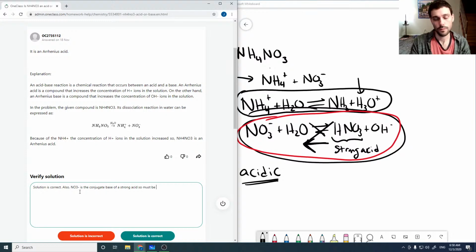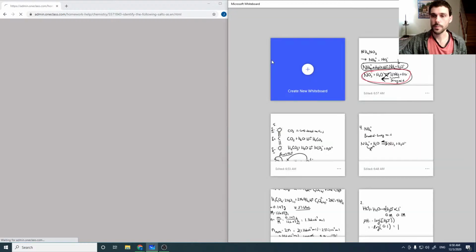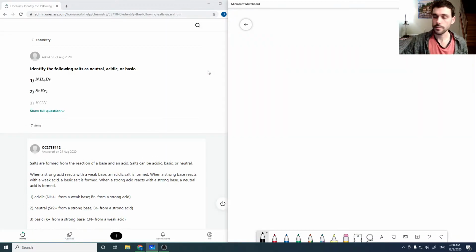So NH4 plus is the only reaction, I guess. Just to mention the existence of NO3 minus: in this solution they're just using the fact there's no OH minus, but that's not true all the time. It's just in this case because NO3 minus is the conjugate base of a strong acid.